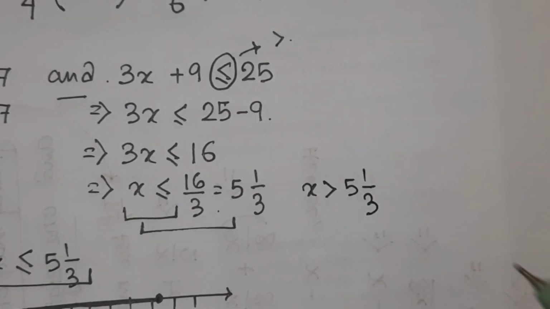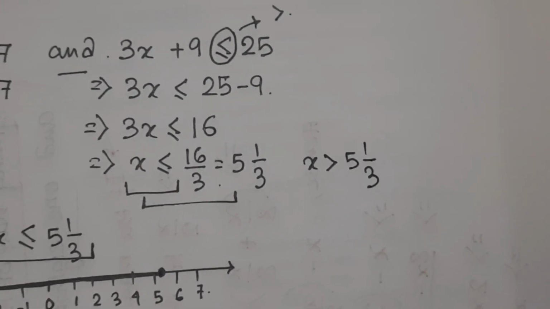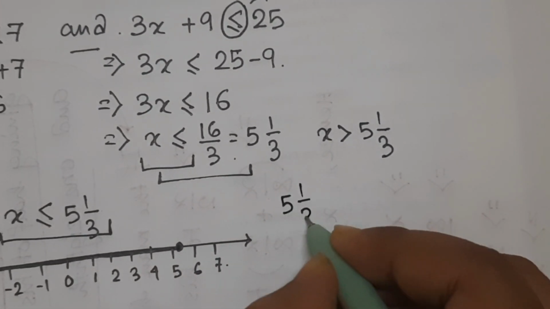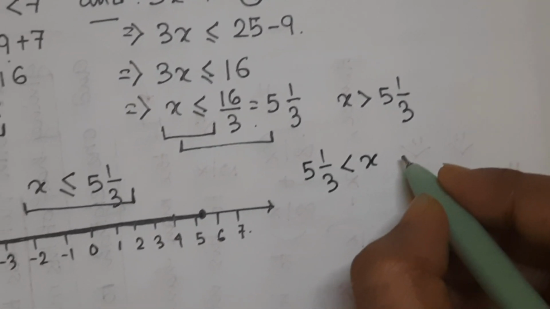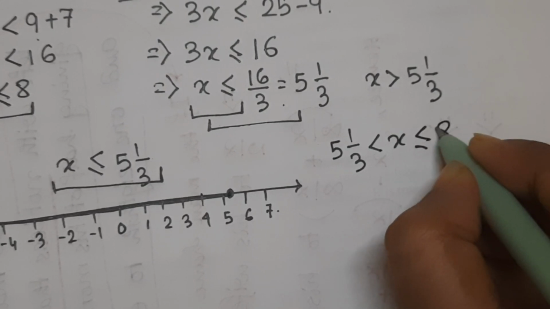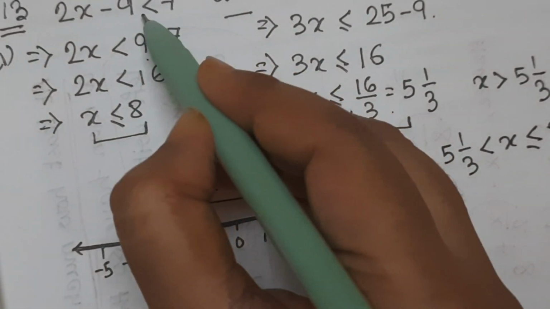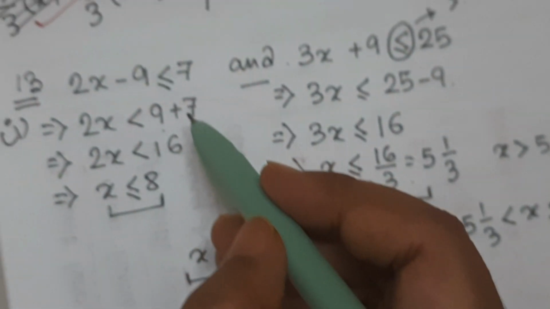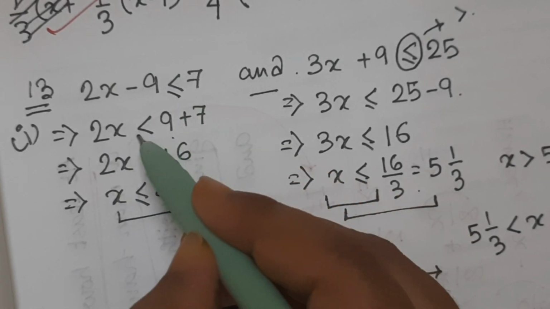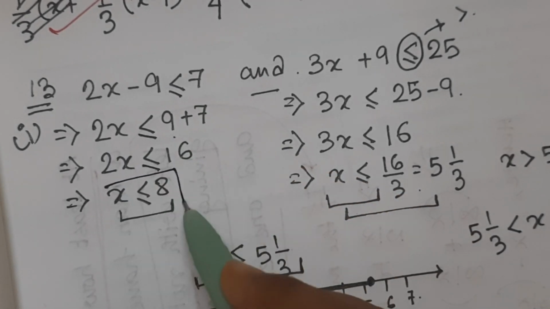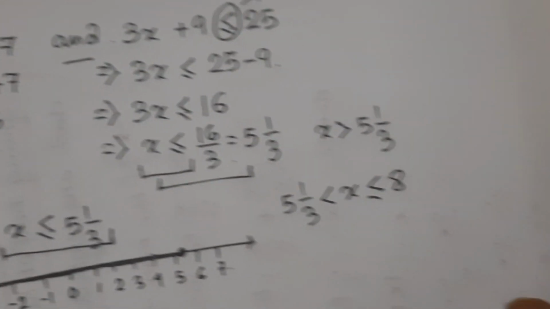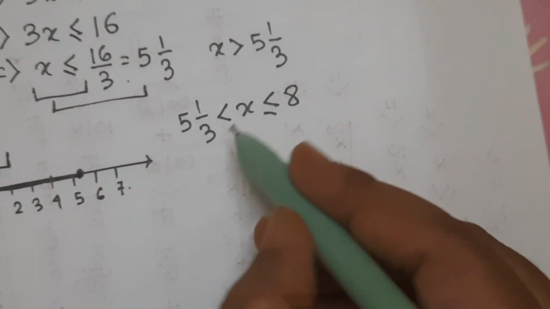and a 1/3, right? So 5 and a 1/3 is less than x and less than or equal to 8, because if you consider less than or equal to for this term, you will get this. Okay, and then you will get this range.